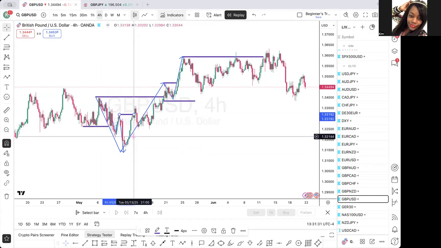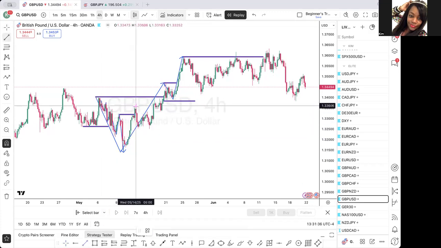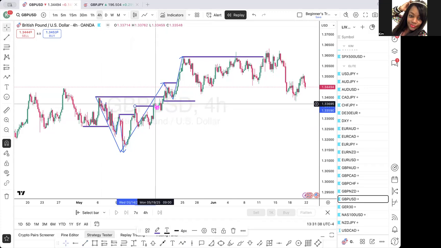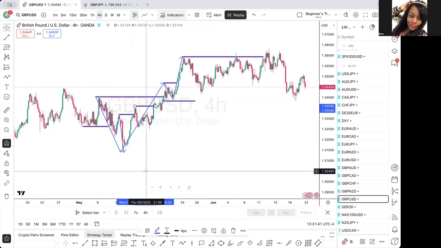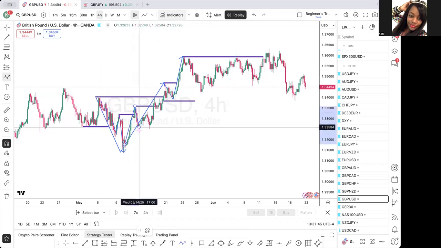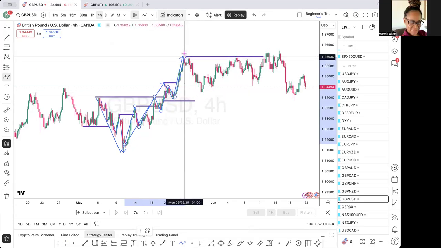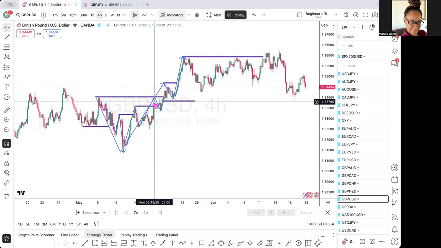It didn't pull back to the demand zone, and then started breaking internal structure. It broke structure, it pulled back. It broke structure, it pulled back. It broke structure, it pulled back. And now it's in alignment with that daily structure move that we just talked about. So you wouldn't have been wrong. You would not have been wrong.